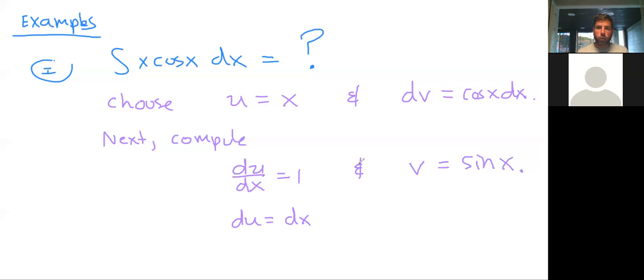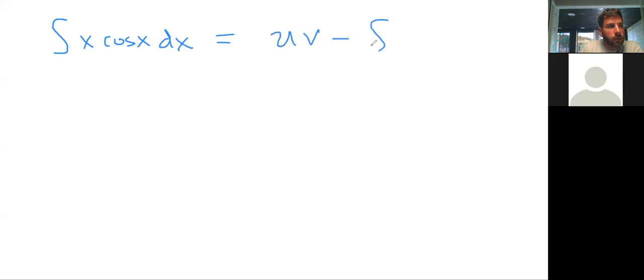So we make this choice, and now what we'd like to do is apply this formula to these specific values for u and v. So if I flip the page, I'm going to write this down very carefully. The integral I was interested in was x cosine of x dx. And we know that that is uv minus the integral of v du.